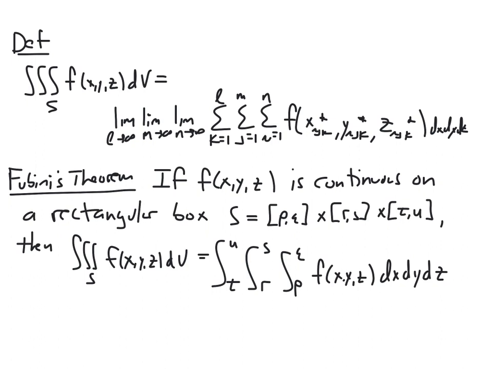Right, so this is our iterated integral. Works the same way as our double integral Fubini's theorem version. And in addition to this, any reordering of integration will yield the same result.